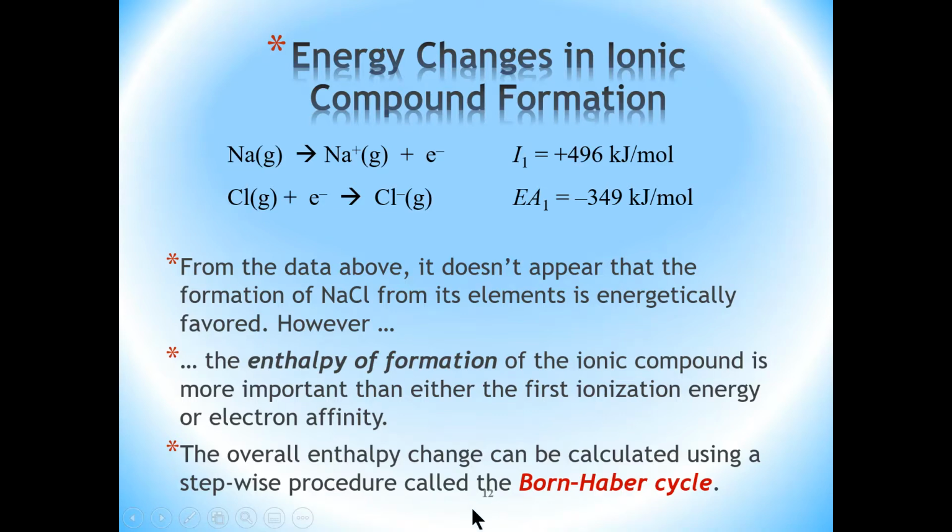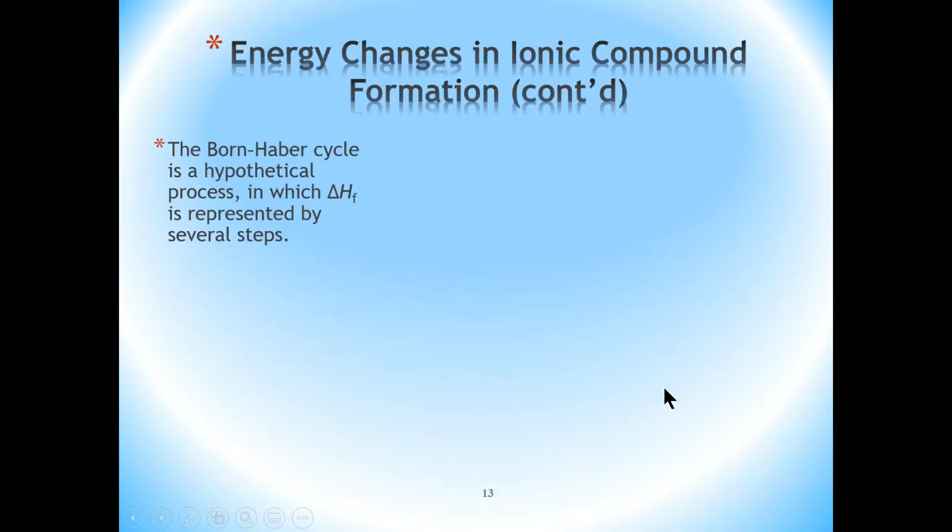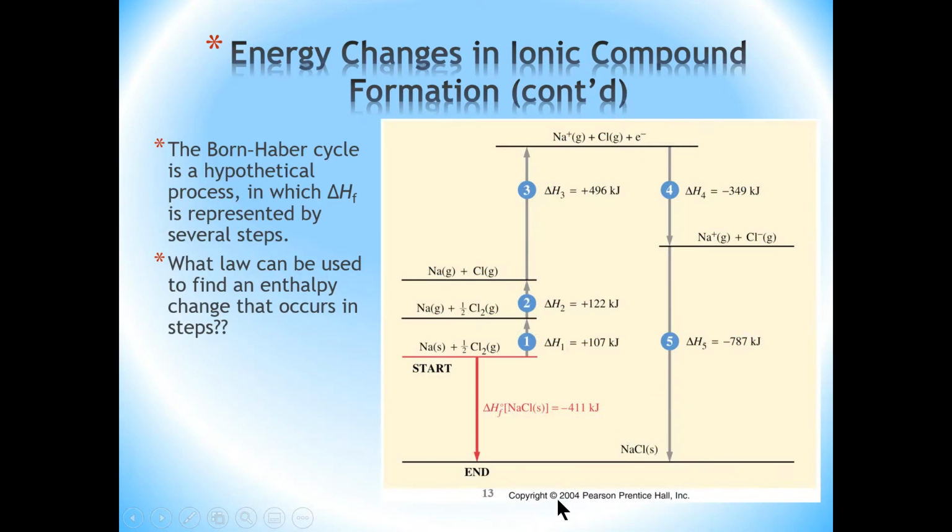And we call that a Born-Haber cycle. So in the case of sodium chloride, this is what the Born-Haber cycle looks like. So what we're starting off here with is sodium solid and chlorine gas.